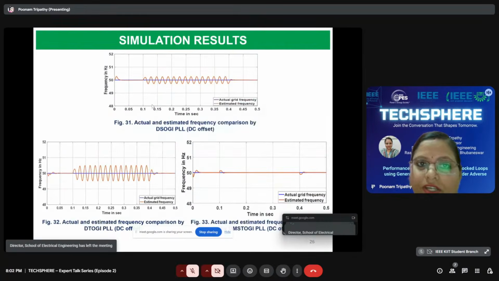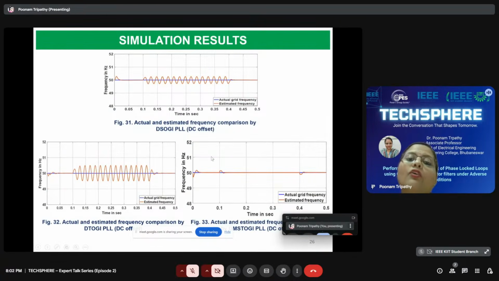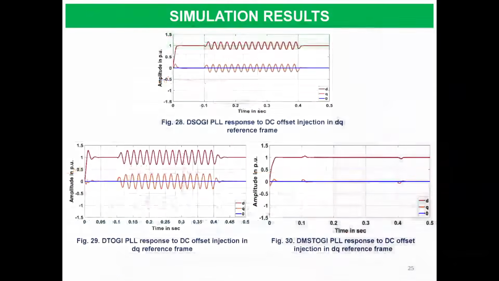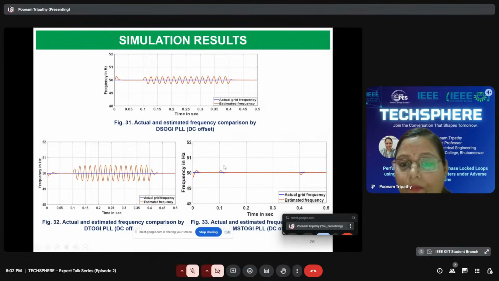Now coming to the simulation responses showing the frequency comparison of all three PLLs with respect to the normal operating frequency, that is 50 Hz. Again, it can be seen that these two PLLs, the SOGI and TOGI filter-based PLLs, are not capable of extracting the grid frequency in case of the DC offset test condition, whereas this PLL is efficiently and effectively eliminating the effect and is accurately estimating the grid frequency with a very minimum settling time and with no oscillation, meaning a steady state response.